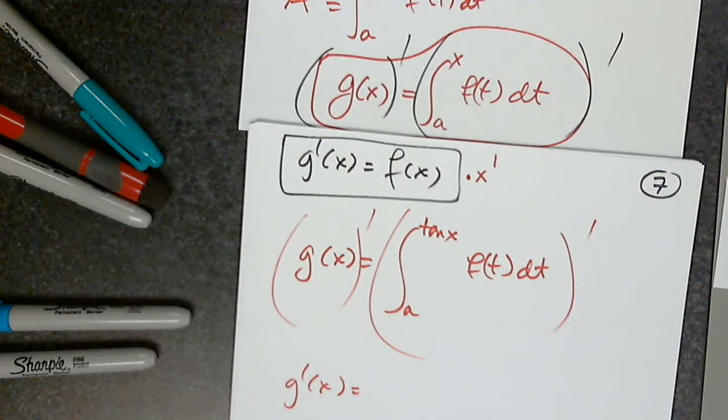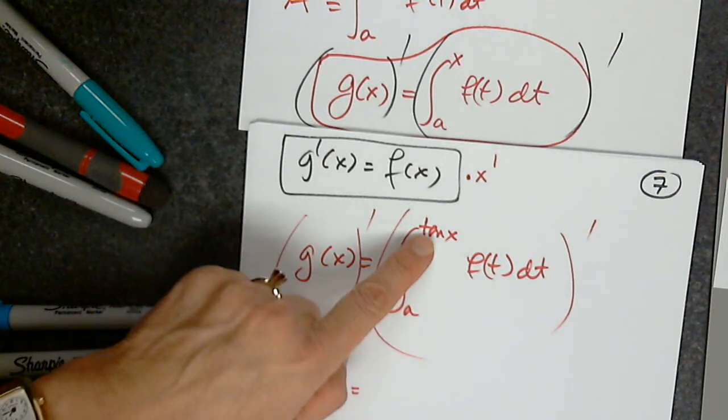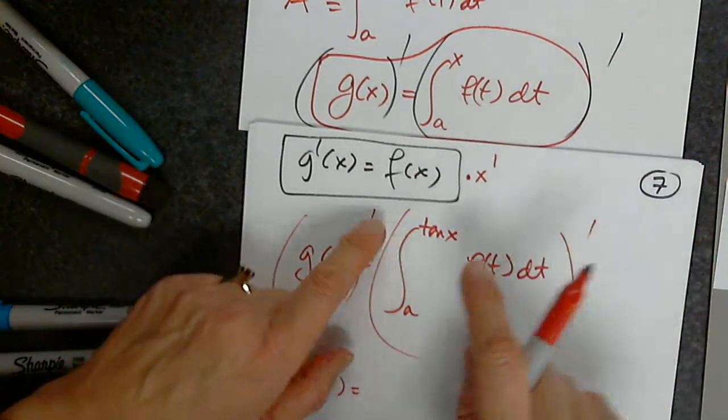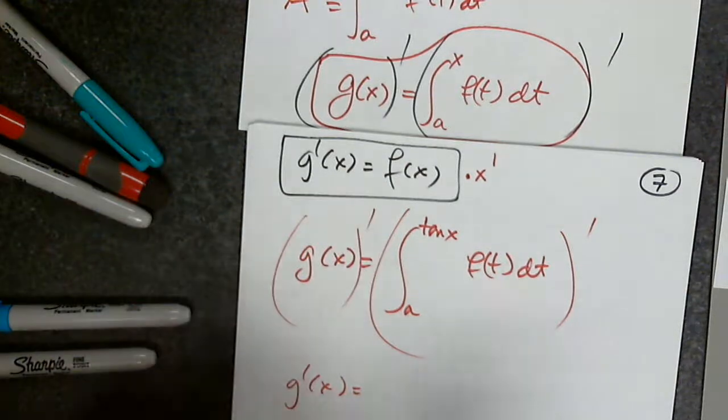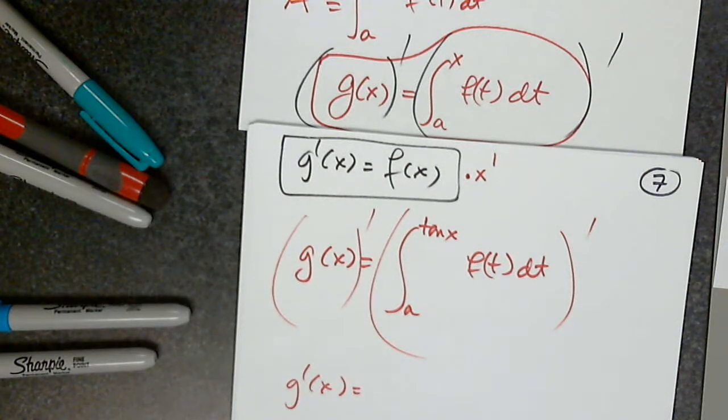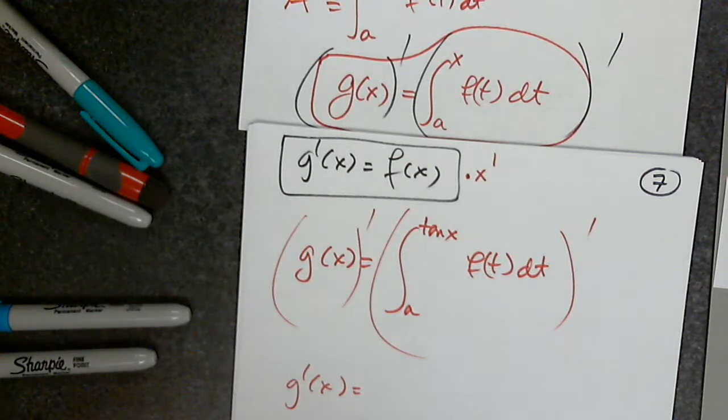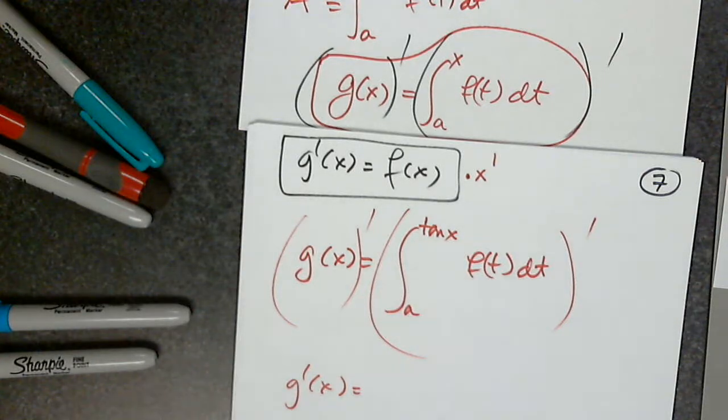I don't have x, I have tangent x. I have a function of x. I don't have pure x. So this operation will eliminate this operation together with this, and I have to obtain a function, this time of tangent x, times the inner function prime.